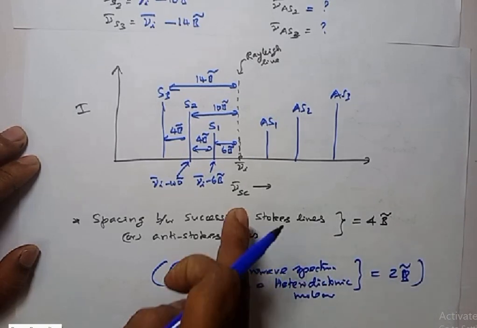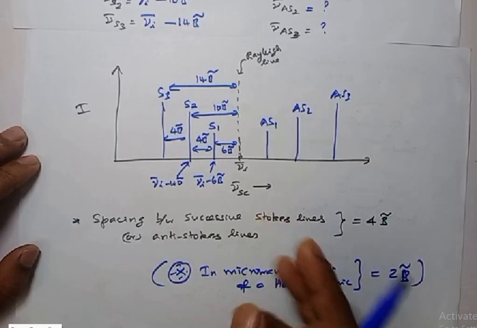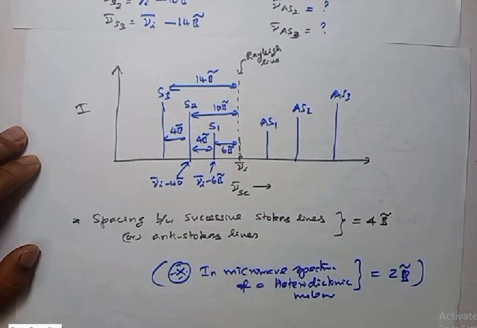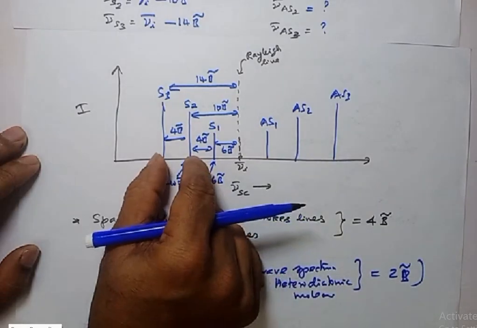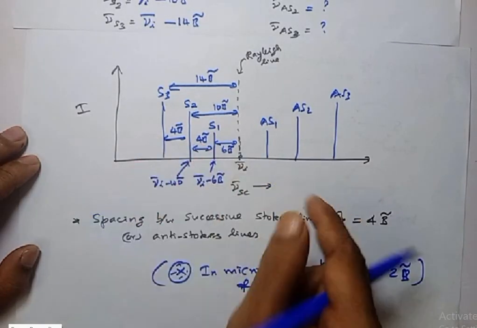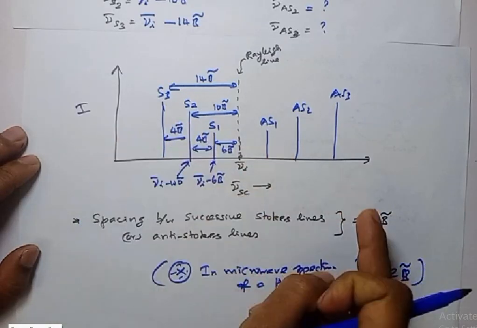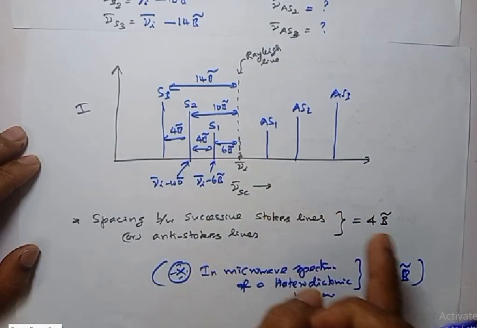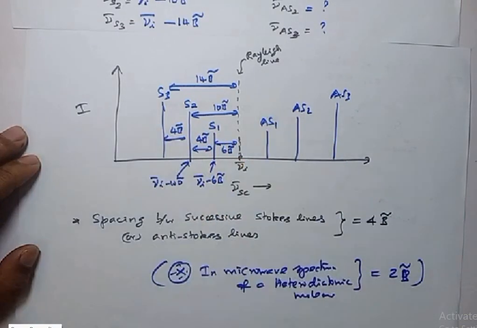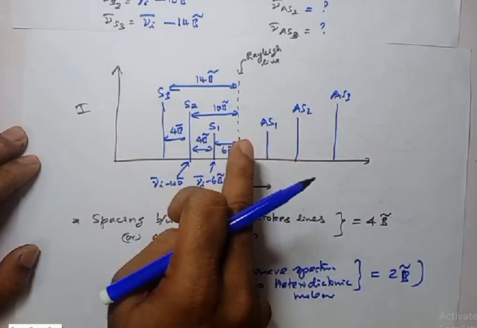Whereas in the rotational Raman spectrum, the gap between adjacent lines is 4B. By measuring the gap, which is equal to 4B, we can find the value of B. If you know the value of B, you can find the bond length of the homodiatomic molecule.